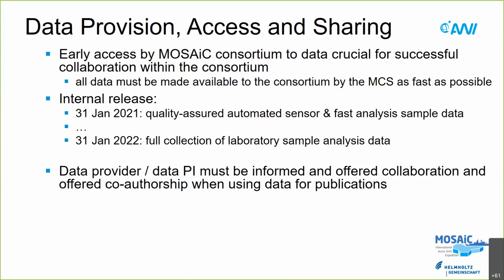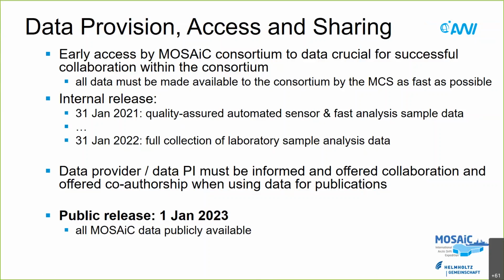But it's very important that the data provider and data PI must always be informed and offered co-authorship when you are using these data for publication. I think that is really clear and doesn't need to be stressed very much. Whenever you want to use data from MOSAiC, you need to first find the PI, contact them, and ask for cooperation.